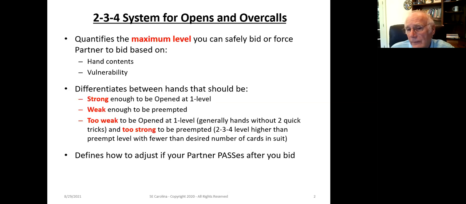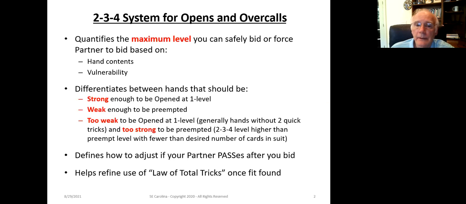It also has built into it the ability to adjust the safe level based upon when your partner passes. And it allows you to use it in combination with the law of total tricks to more intelligently apply the law of total tricks.